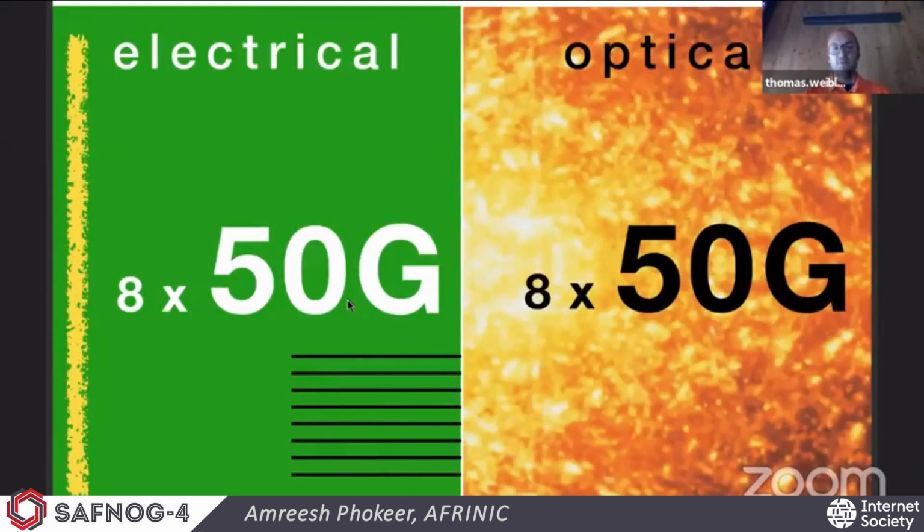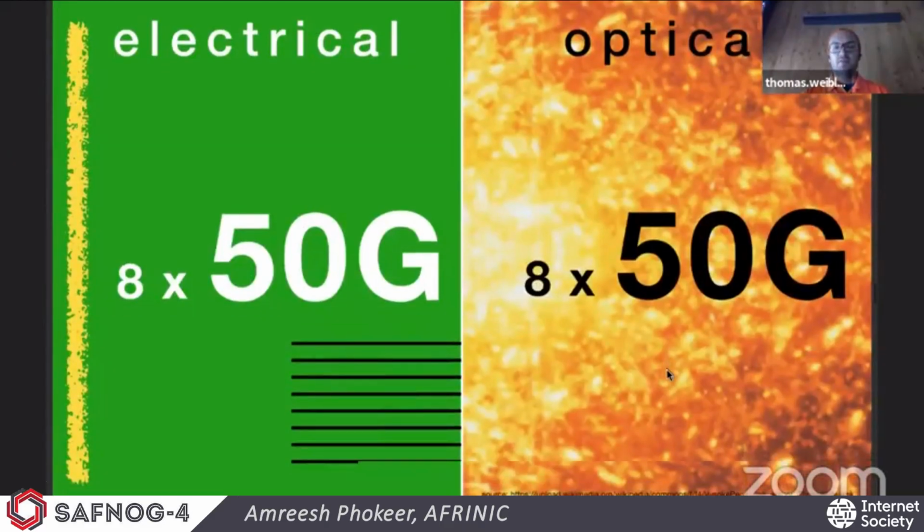So the PAM4 in the 50 gigabit gives us 400 gigabit on the electrical side. This electrical side is connected with 8 lanes to the optical engine, which is also doing 8 times 50 gigabit. And this is going to be the first stage for 400 gigabit, doing 8 times 50 gigabit in a single transceiver. But that's not the end of the road.